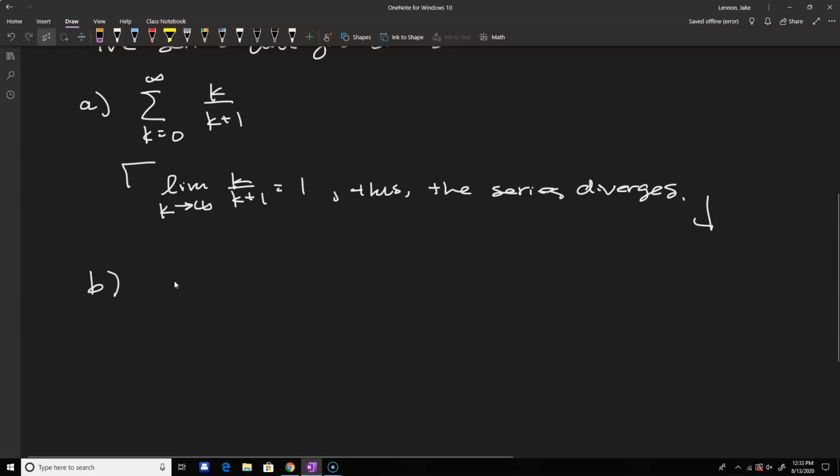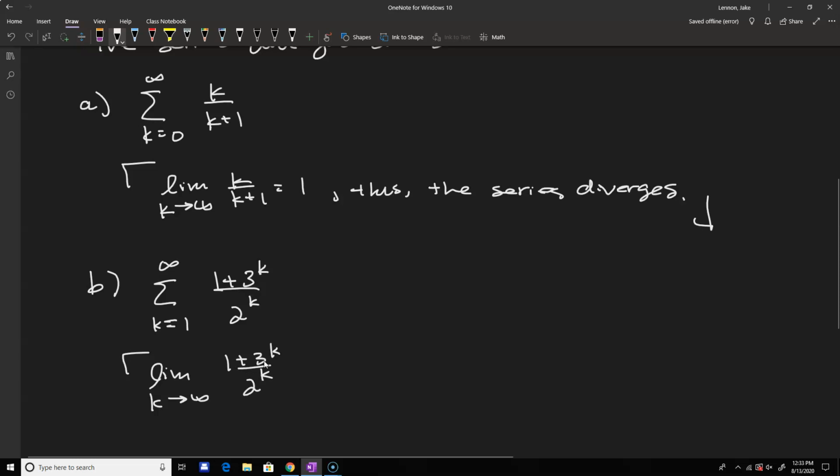Okay. So B, let's look at the series from 1 to infinity of 1 plus 3 to the k over 2 to the k. Again, we're just looking at the limit as k goes to infinity of 1 plus 3 to the k over 2 to the k.